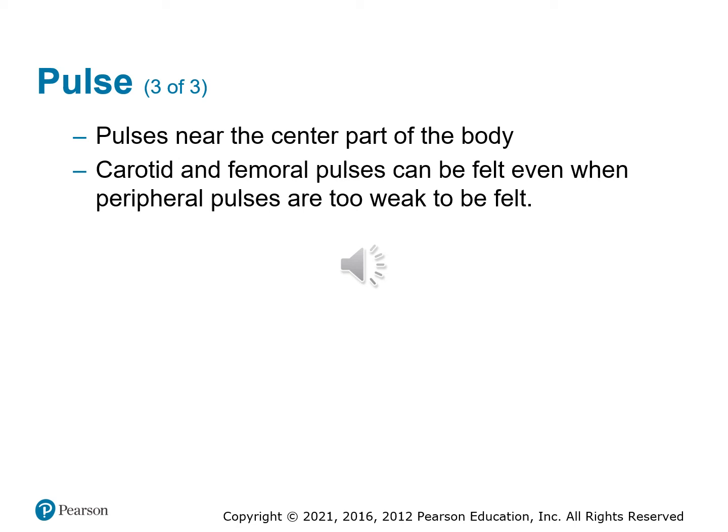And this is because of the location in relationship to the heart and the size of the vessel. So this is why in CPR we teach you to feel for a carotid pulse before you start compressions. When we are assessing someone generally, we're likely to feel a radial pulse and identify some factors with that.